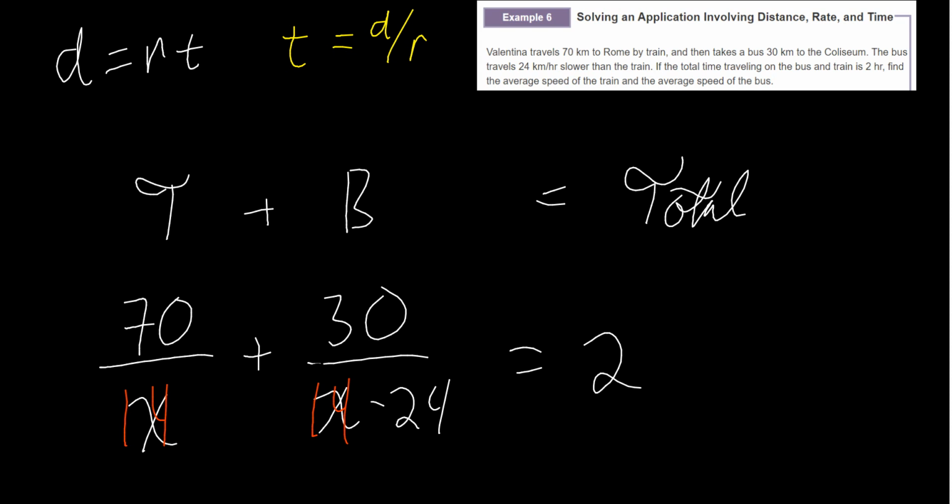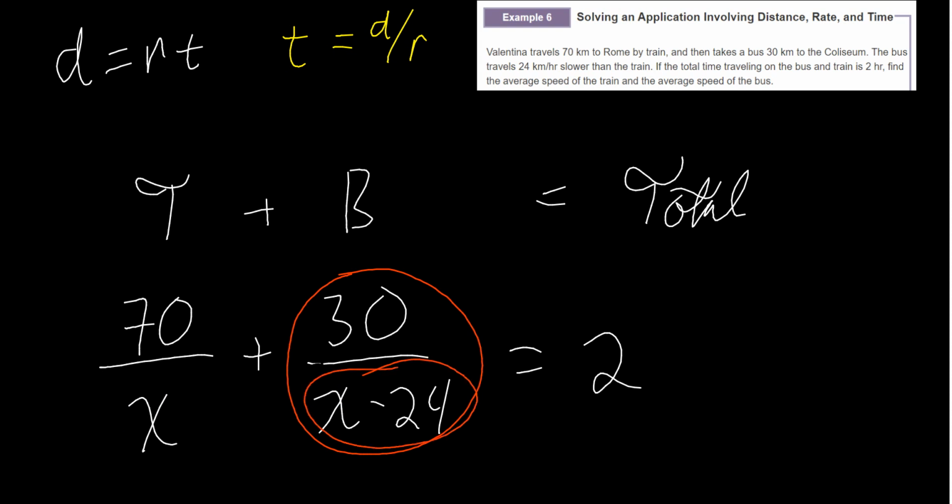Now, if you recall, this particular ratio here is my time on the bus, and the denominator especially was how fast I'm going.